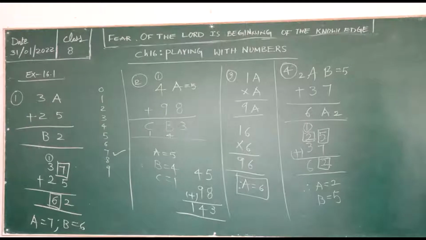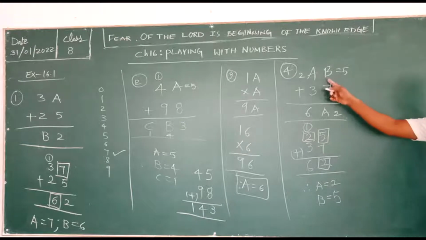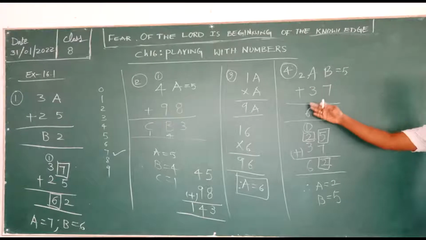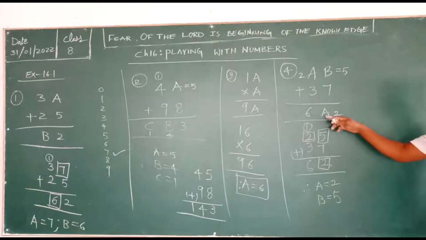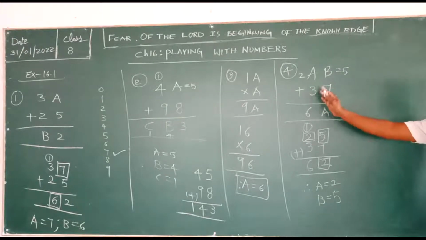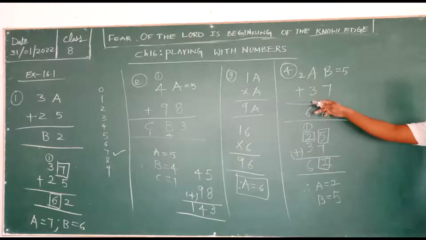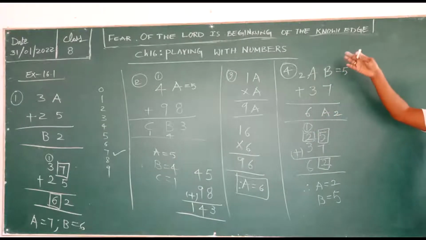Okay. I hope you all understood this. Once again, listen carefully how you need to solve this problem. So here A, B, 3, 7, 6, A is given. You are not having any clue in the units place because A is there. So the clue is from the tens place digits. Here 6 is there, 3 is there. 6 minus 3 you are going to get 3.